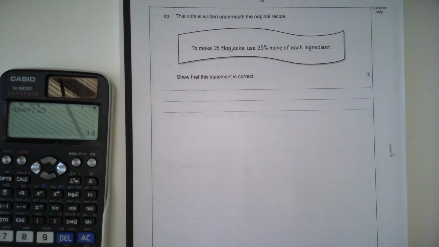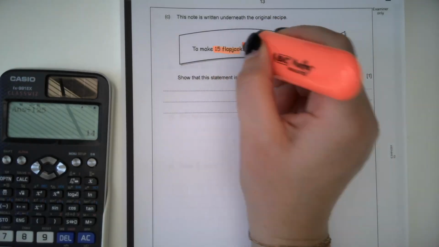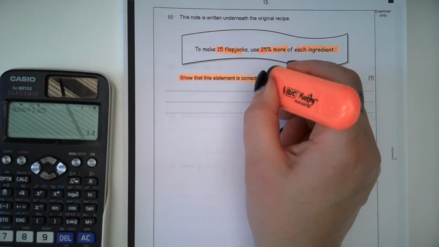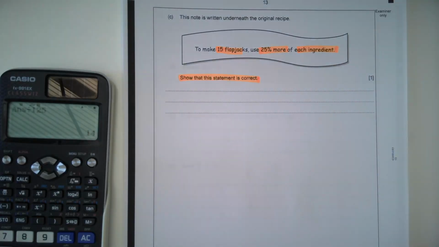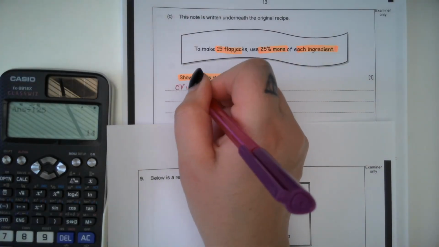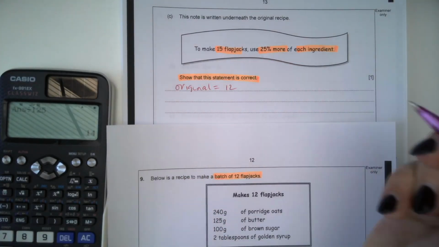Part C. This note is written underneath the original recipe. To make 15 flapjacks, use 25% more of each ingredient. Show that this statement is correct. Okay, so the original recipe makes 12 flapjacks.